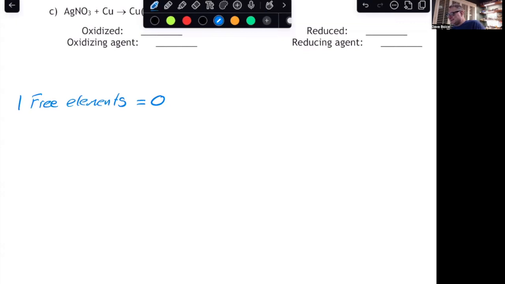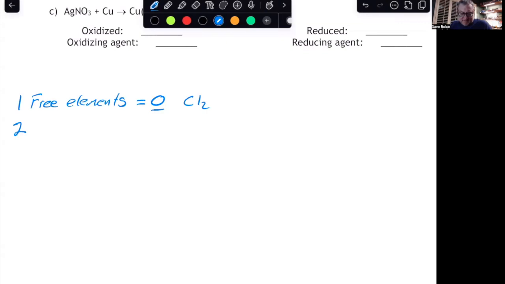So this is anything in its normal state. So anything on the periodic table, an individual atom, as long as it's made of one atom, is zero. And that includes things like Cl2 because that's still one type of atom. So it doesn't matter how many I have. If it's one type of atom, not bonded to anything else, that's going to be zero.